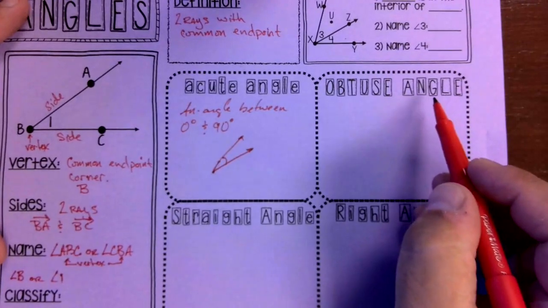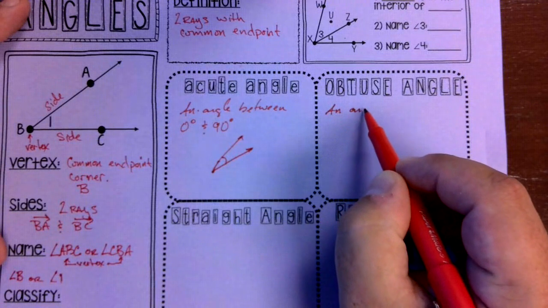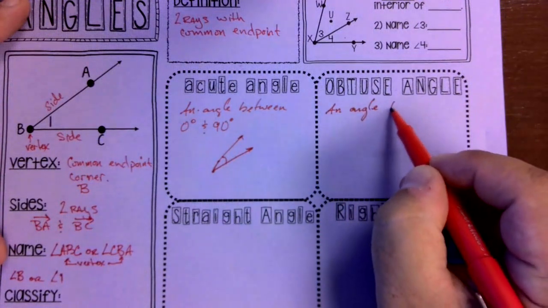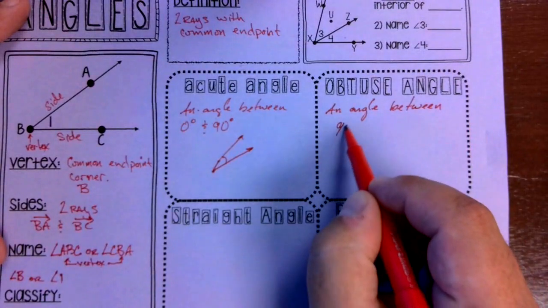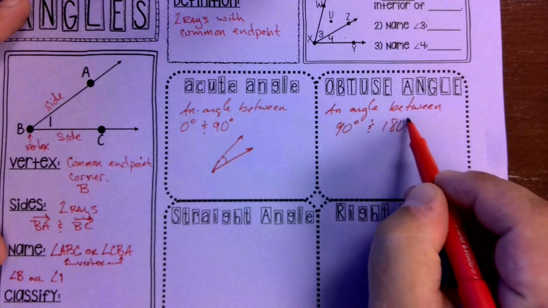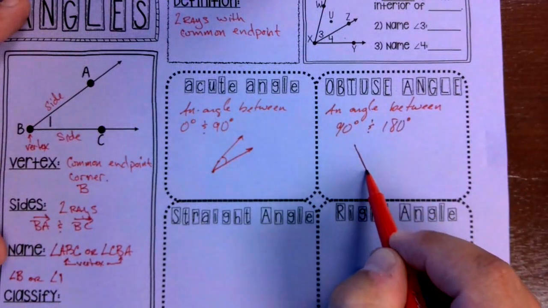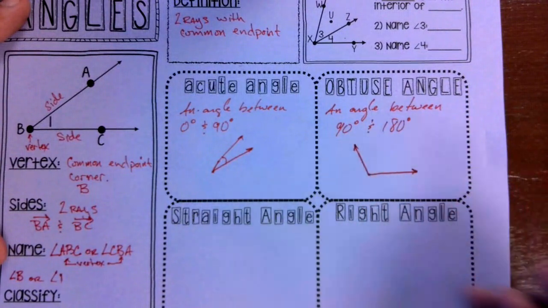An obtuse angle is an angle between 90 degrees and 180 degrees. This is a big angle. It looks like this. That's an example of an obtuse angle.